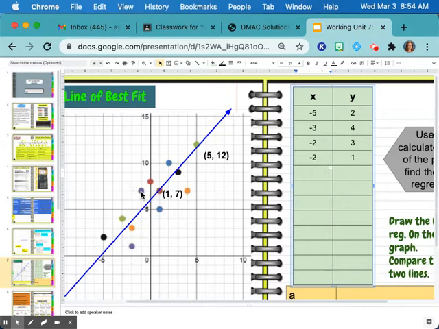So the next one will be this point. -1, 7. And this point, 0, 8. And then +1, 7, +1, 5.